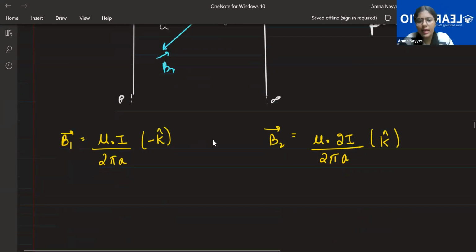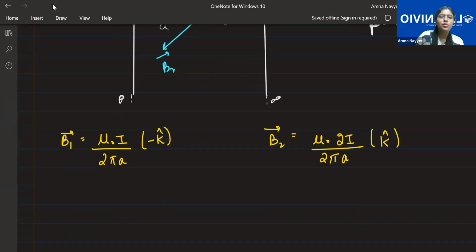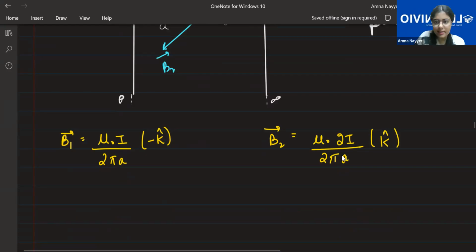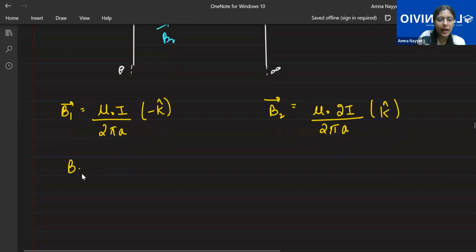And even if you go by the calculations, when you add, eventually this will be subtracted because of this minus k cap. So one thing should be clear, that you are subtracting. I didn't cancel this so that I could take 2 pi common. Now the net magnetic field, we just have to subtract B2 minus B1.